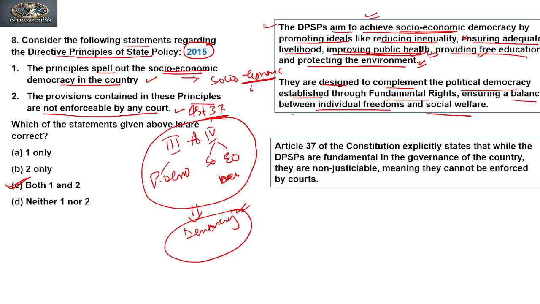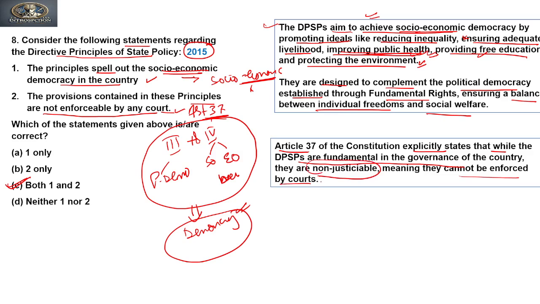Clear? Now, related to the second statement, we have already seen that Article 37 of the Constitution explicitly states that while the DPSP are fundamental in the governance of the country, they are non-justiciable, meaning they cannot be enforced by the court.